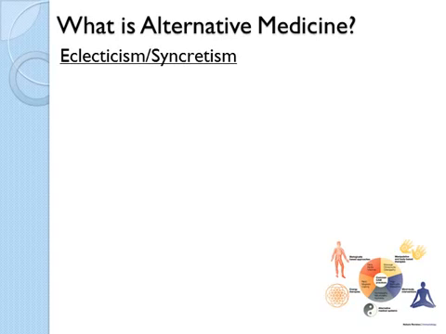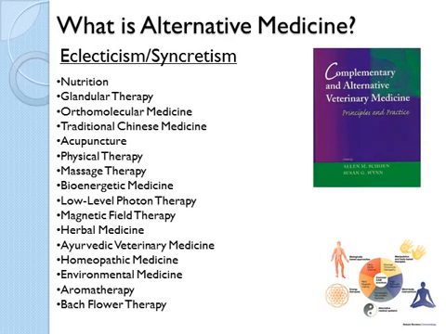So I'll just give a few quick examples of some of these characteristics so that you can get a sense of how these manifest in the domain of alternative therapies. This is a partial table of contents from the leading textbook for complementary and alternative veterinary medicine.